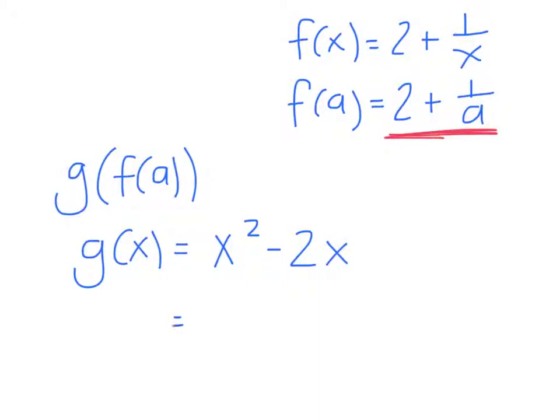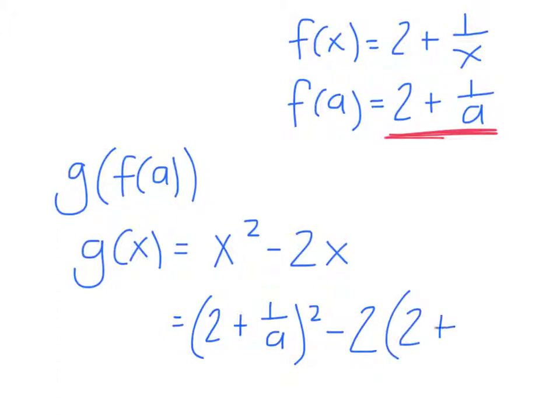So if we do that, we first of all get, instead of x squared, 2 plus 1 over a squared, and then take away 2 times x, which we then replace again with 2 plus 1 over a.